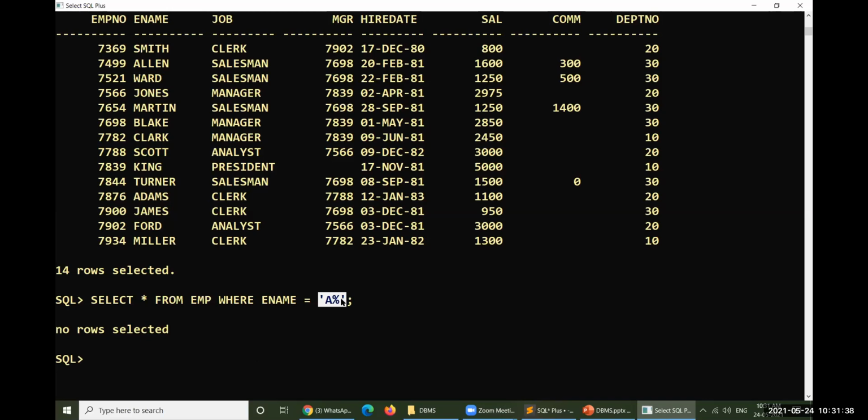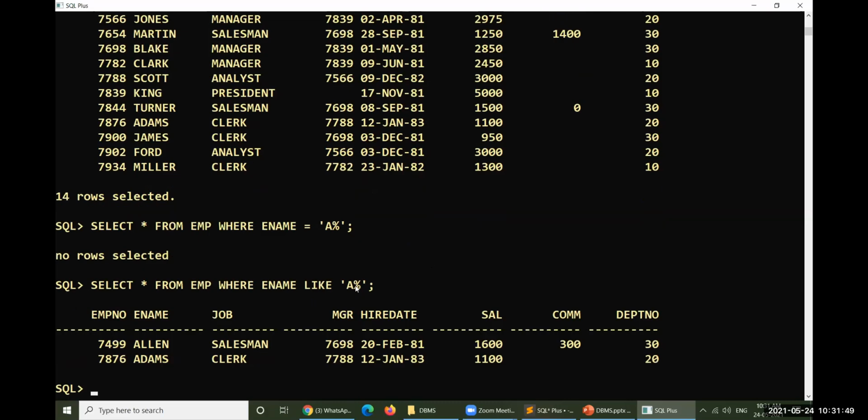It must always be compared using like only. Like can be used with regular expressions or normal data also; there is no problem. But if you have any regular expression kind of application, then instead of equal to, you have to operate like. Look at this: Alan, so A has got started, Adams also.